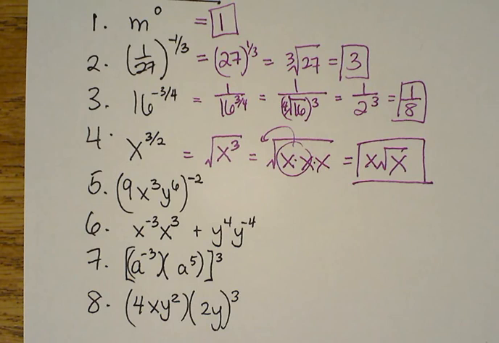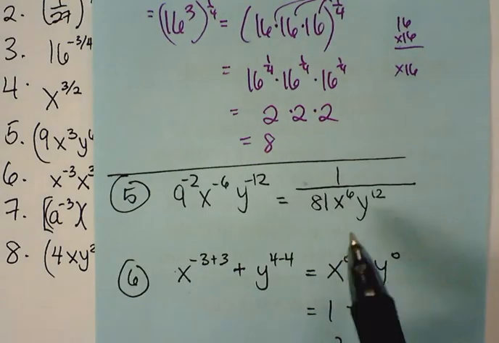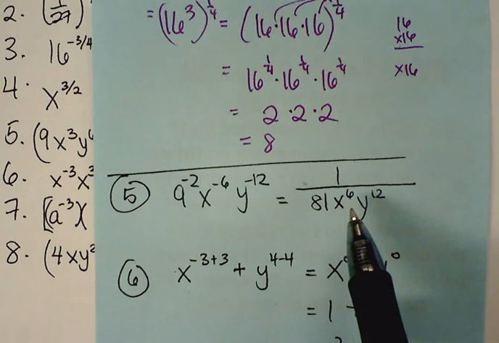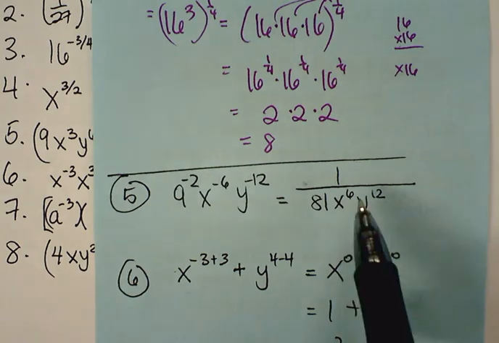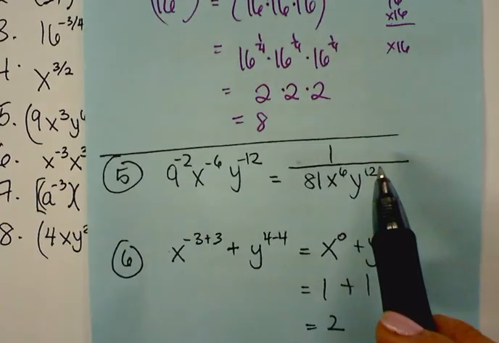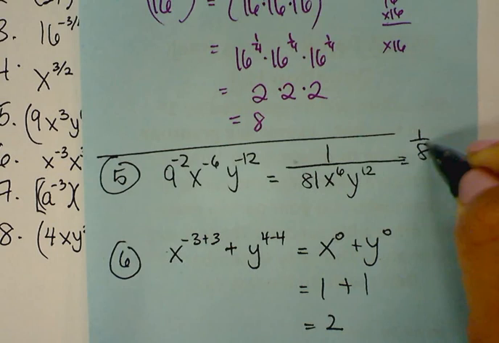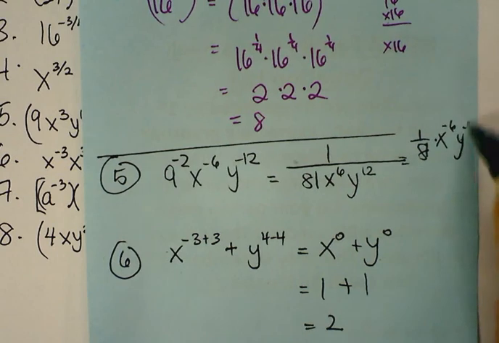But this is wrong. Okay, you guys, let me go over 5 and 6 with you. Number 5 is 1 over 81 times x to the 6th, y to the 12th. Could it make it negative? Yeah, you could say 1 over 81 times x to the negative 6. I mean, you got it wrong.